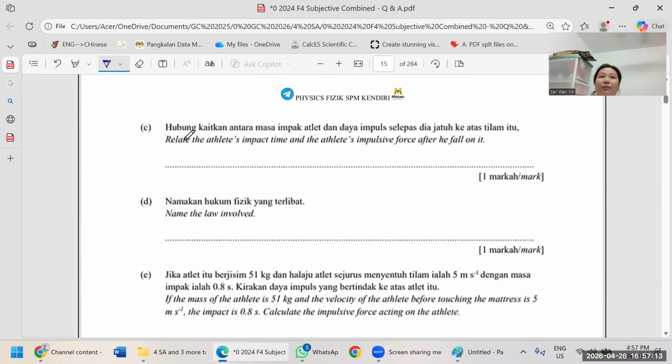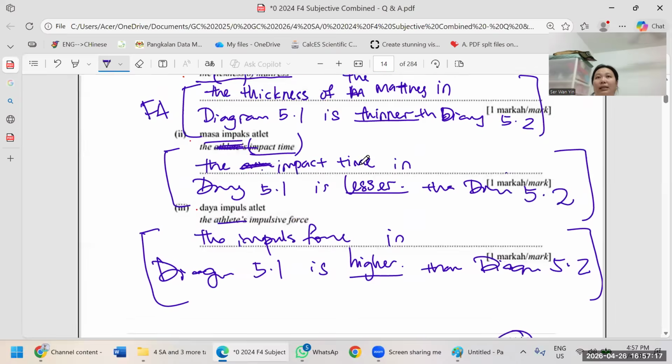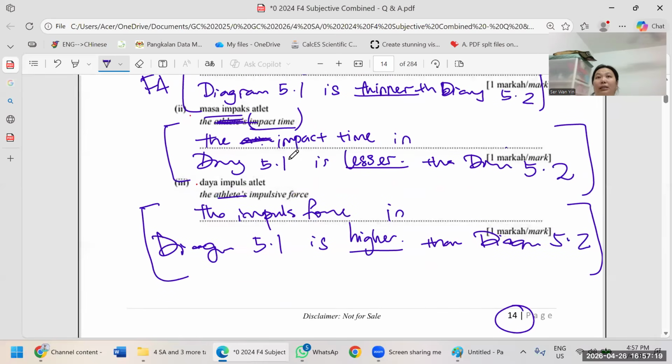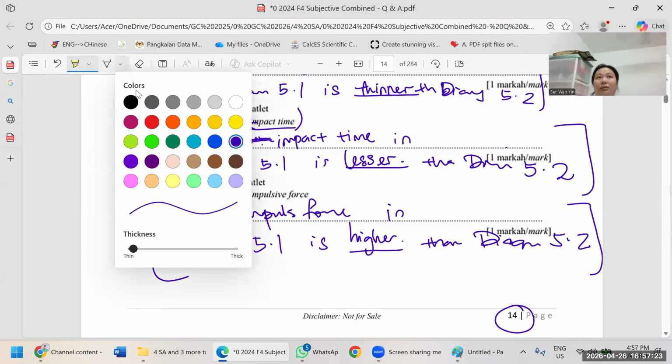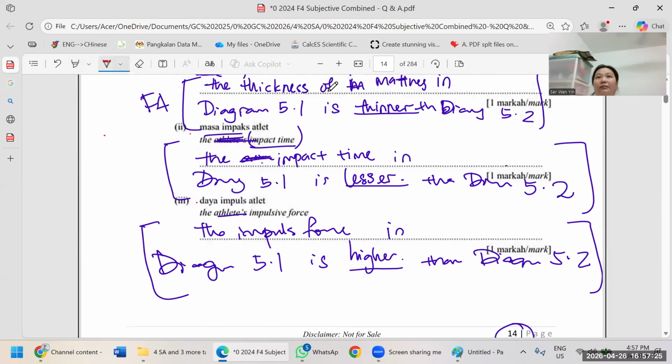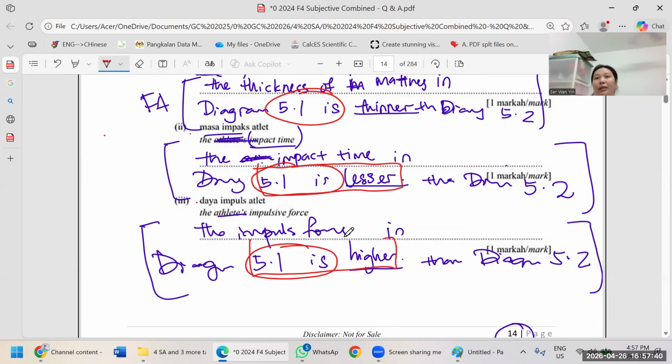Now next, relate impact time and impulsive force. I encourage you all to always write 5.1 in front first. If the other also can, no problem, but 5.1 in front is easier to see: 5.1 lesser, 5.1 higher.